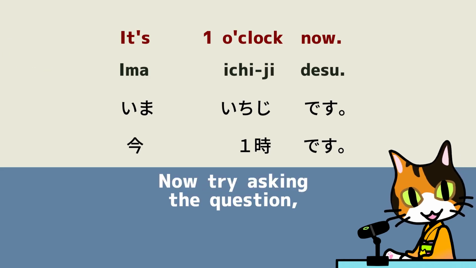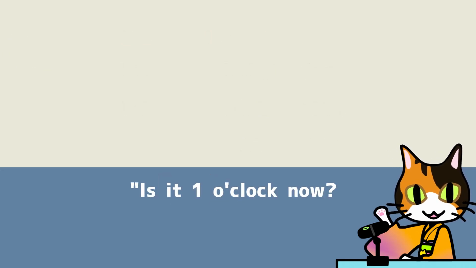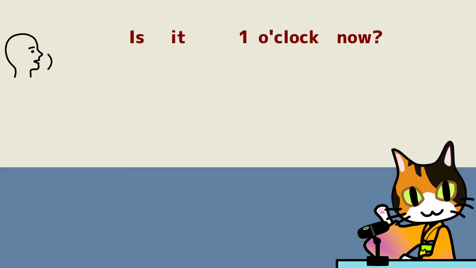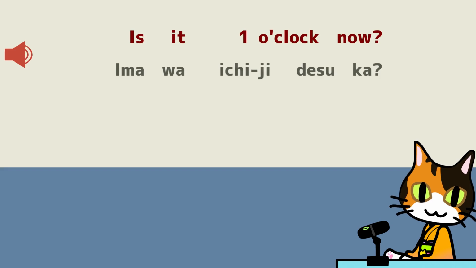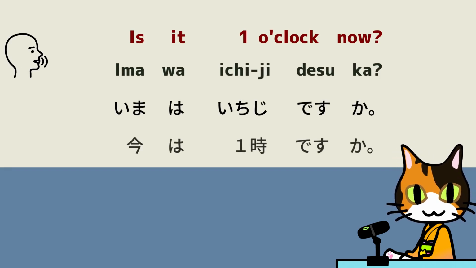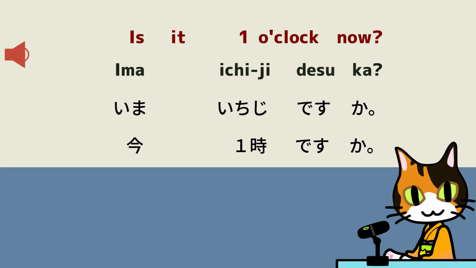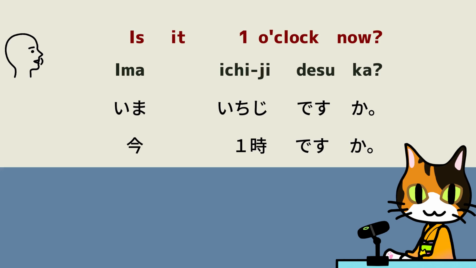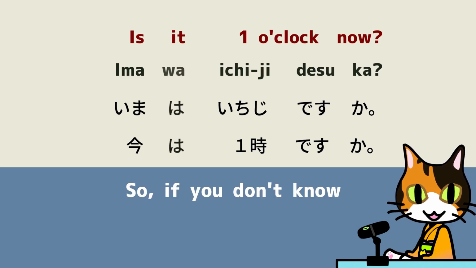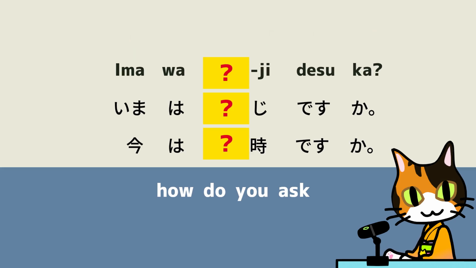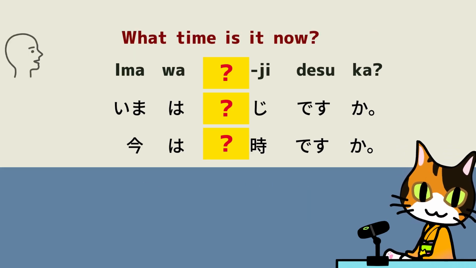Great. Now try asking the question, is it 1 o'clock now? Cool. 今は1時ですか？今1時ですか？ So, if you don't know the 1 part, how do you ask, what time is it now?